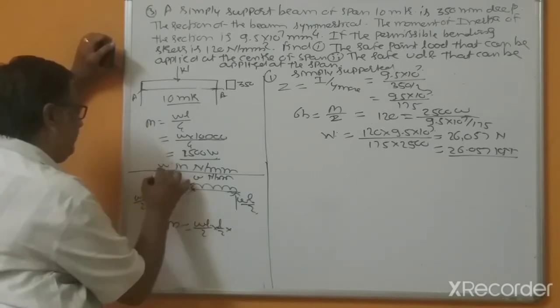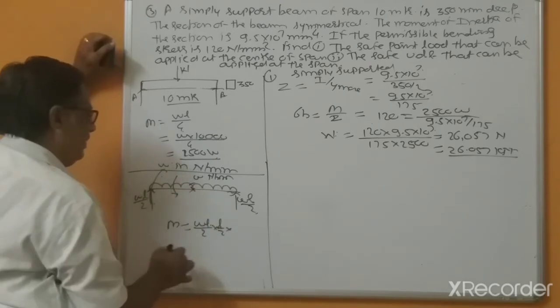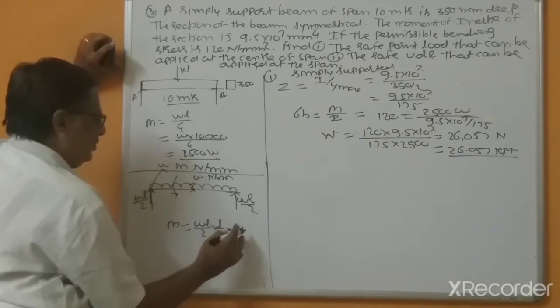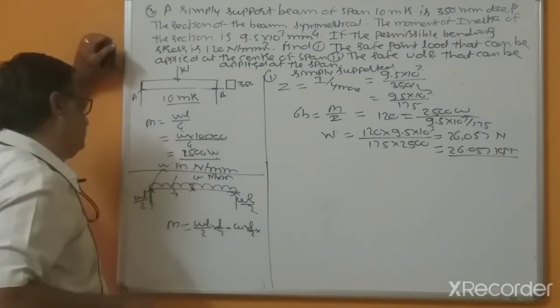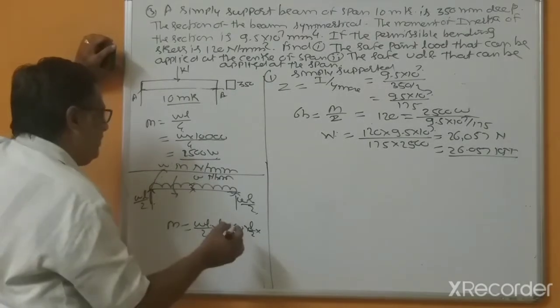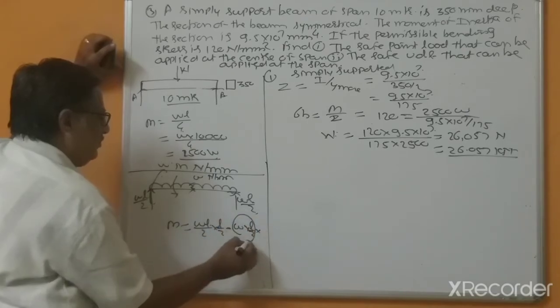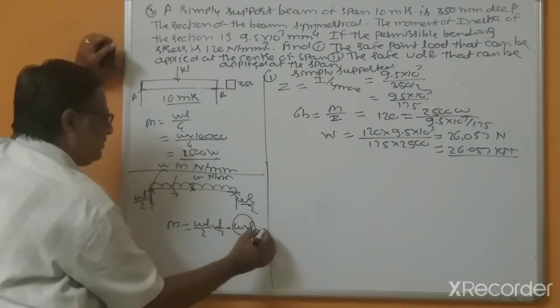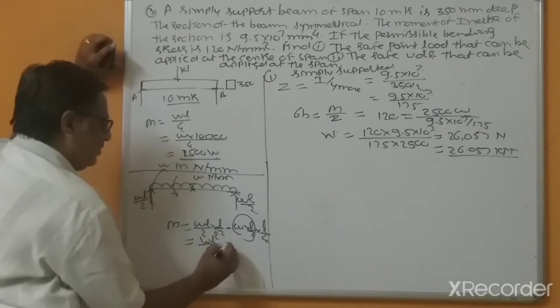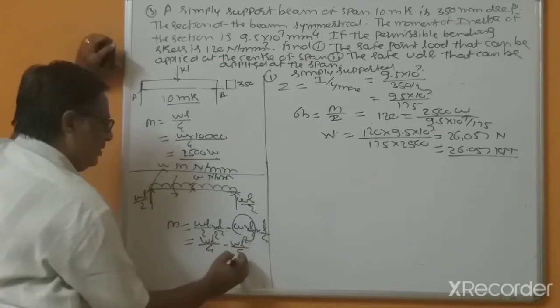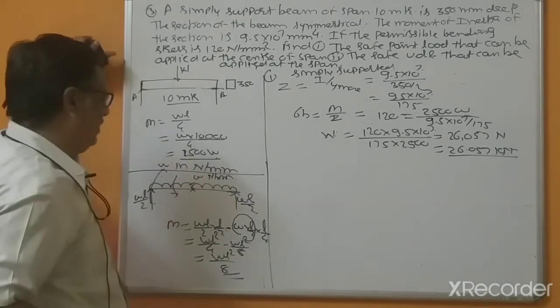This is one moment, and this is another moment, W minus W into L by 2. So this becomes shear force, and half of its distance means L by 4. So that's why WL square divided by 4 minus WL square divided by 8. So this is equal to WL square divided by 8.